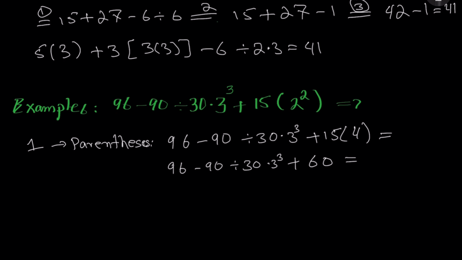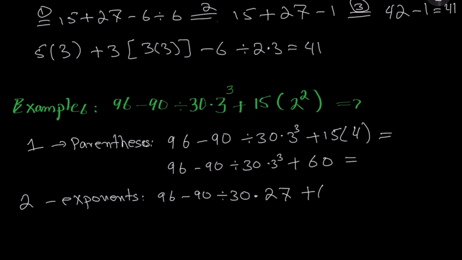Okay, now it's going to step 2, exponents. Exponents: 96 minus 90 divided by 30. Now 3 to the power 3 will be 27. So multiply by 27 plus 60.